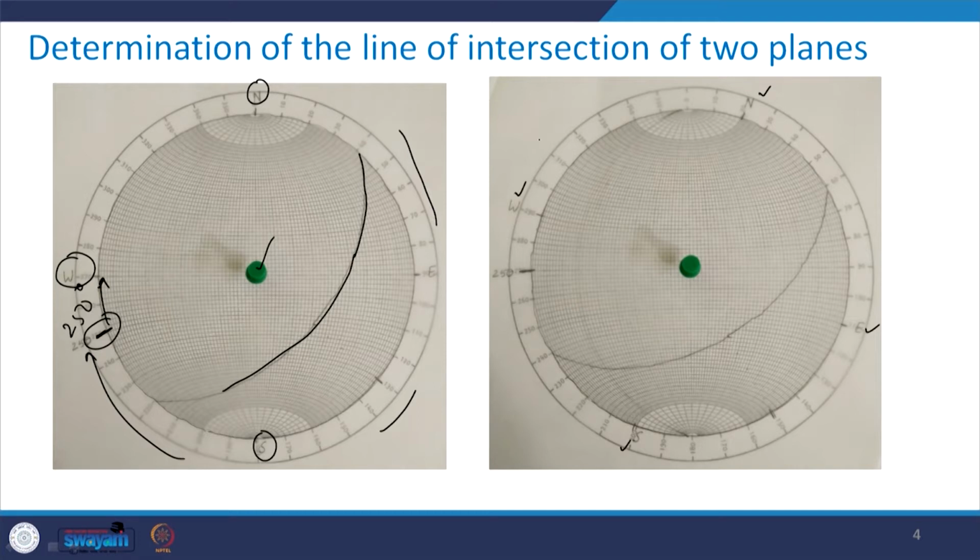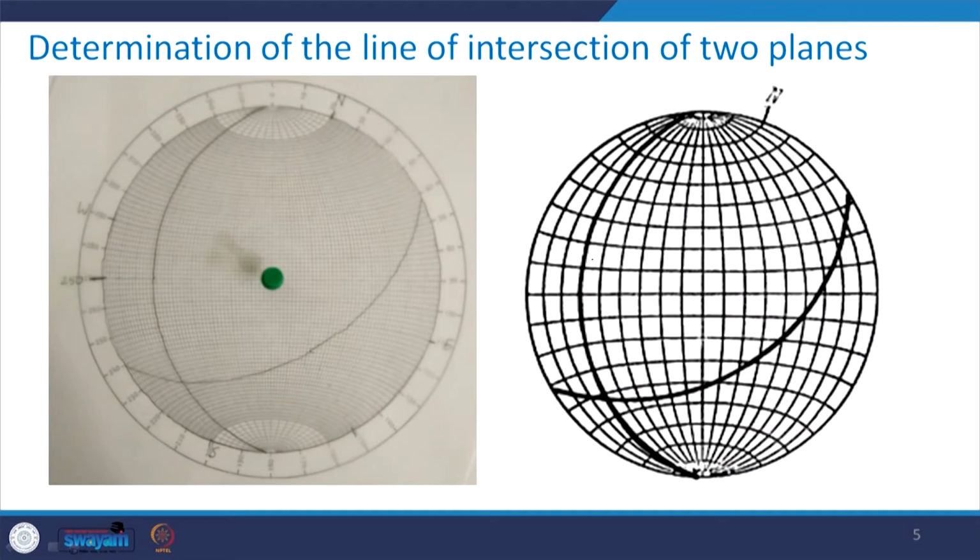What is happening? The 250 degree mark which was here is now at this location. Now, because the dip is 30 degree, as I explained in the previous class, from this outer surface you take 30 degree towards the center. So, this is your 10, 20 and then this is your 30 degree.